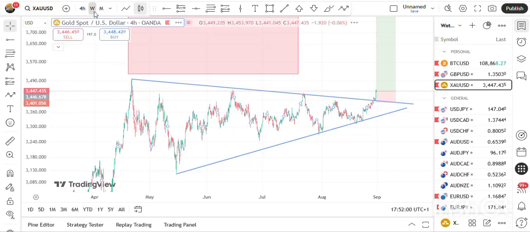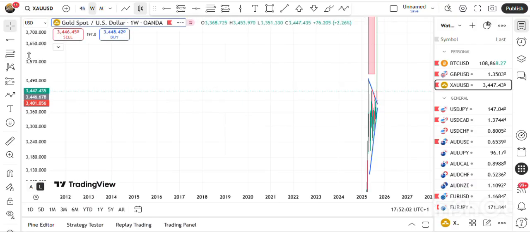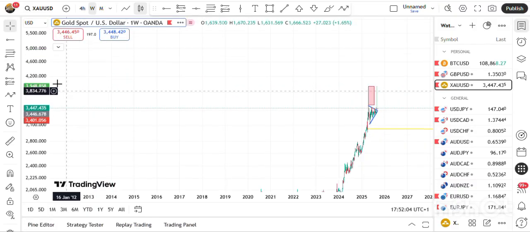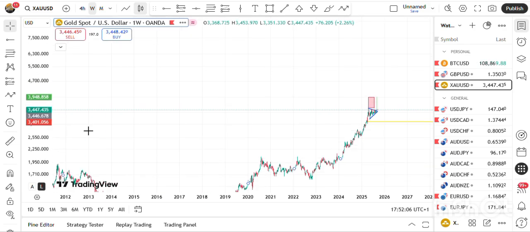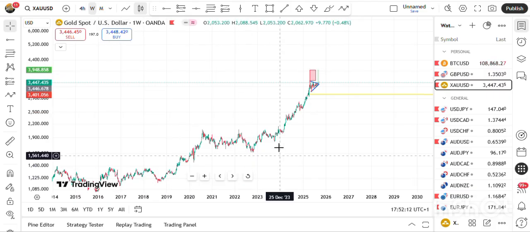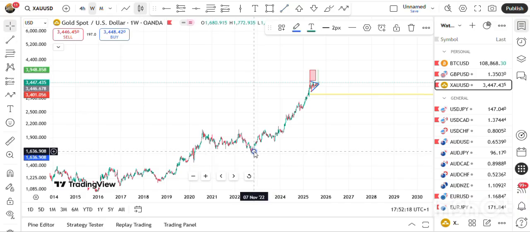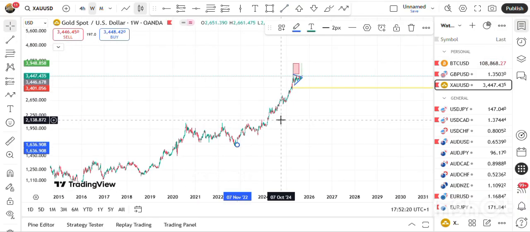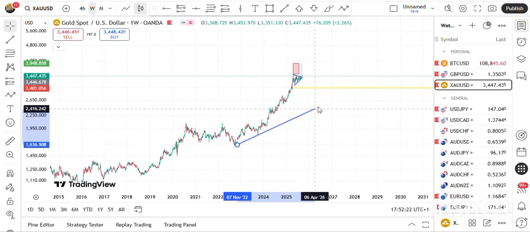So let's look at the weekly as well. Gold has been pushing up lately, just going up to all-time highs. On the weekly, you might not really see a good structure unless we draw our trend line like so. From here, let's see. Let's take this guy up here.